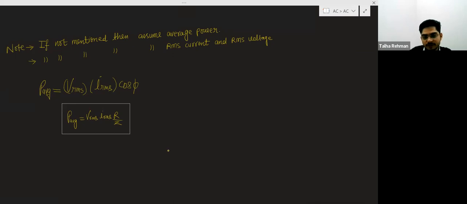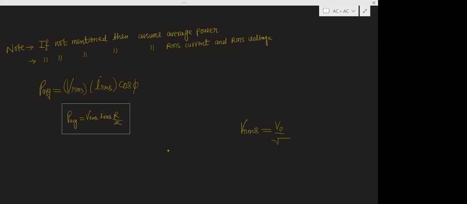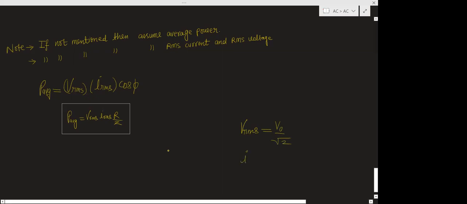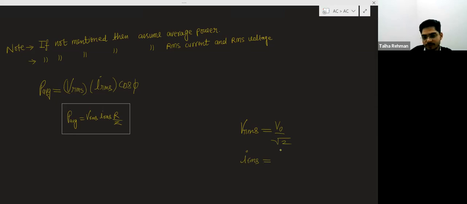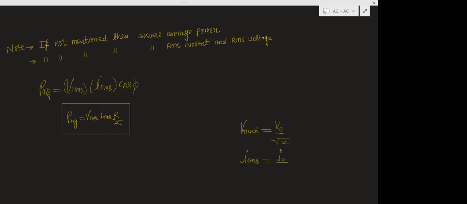Write V_RMS in terms of the peak value. V_RMS is V naught by root 2. Nafisa, what is I_RMS? I naught by root 2. Yes.